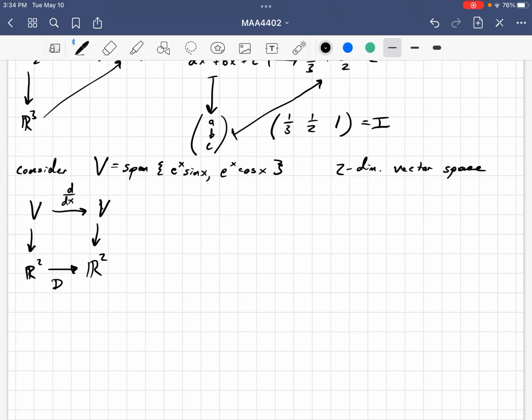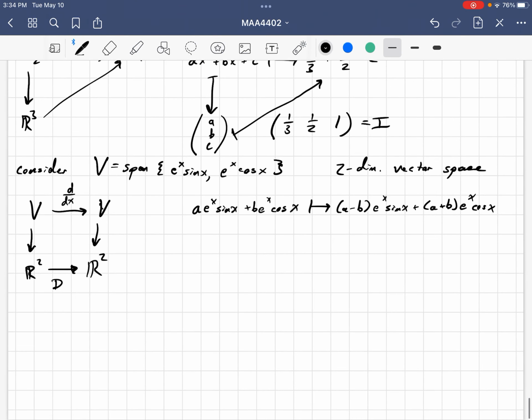So we have A e to the x sine x plus B e to the x cosine x. And this is the arbitrary element of V, right? That's what it means for something to be in the span of two elements. And now we take the derivative of that, and that turns out to be A minus B e to the x sine x plus A plus B e to the x cosine x.